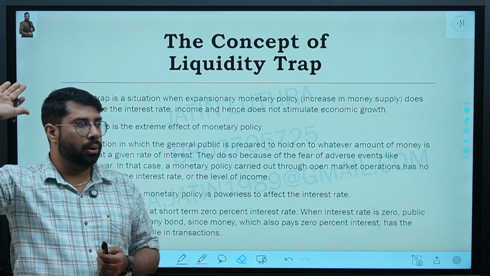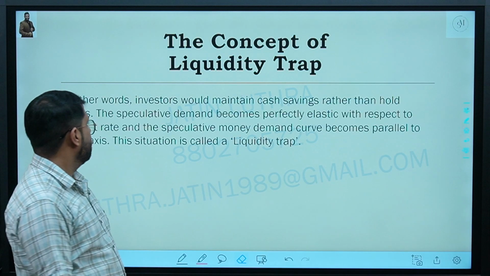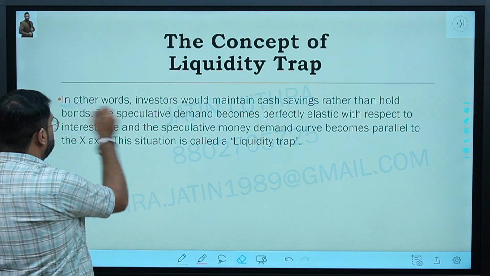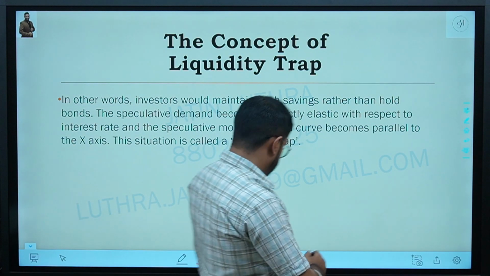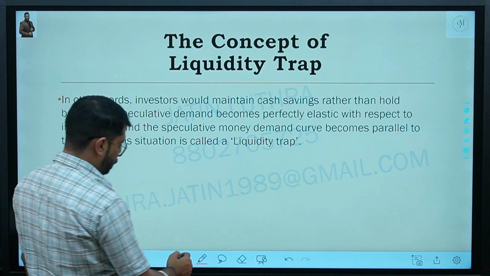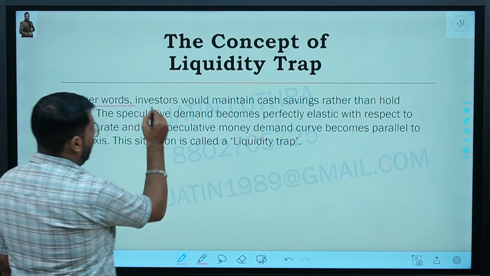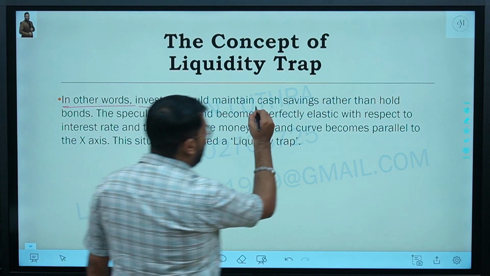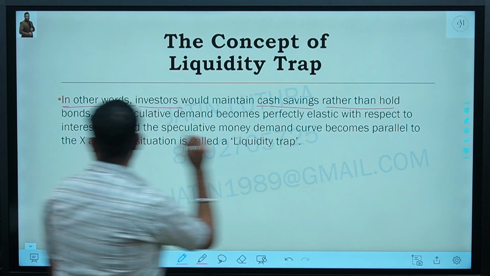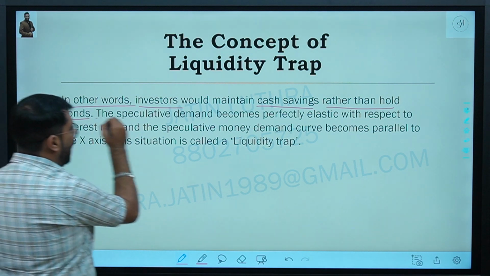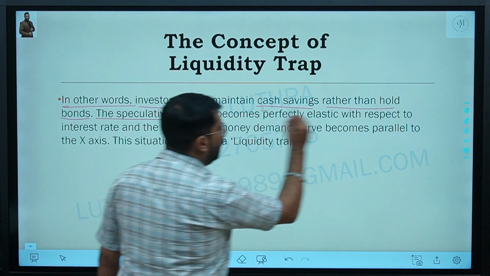Shall we move on? In other words, understand this part please. Investors would maintain cash savings rather than hold bonds. The speculative demand becomes perfectly elastic.